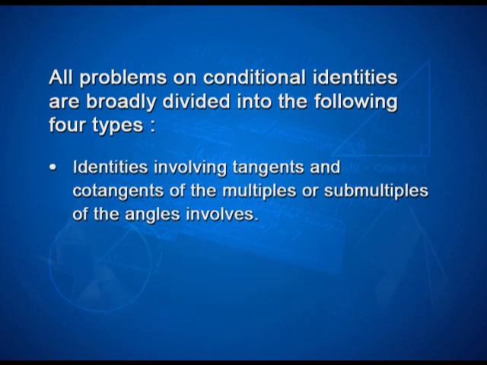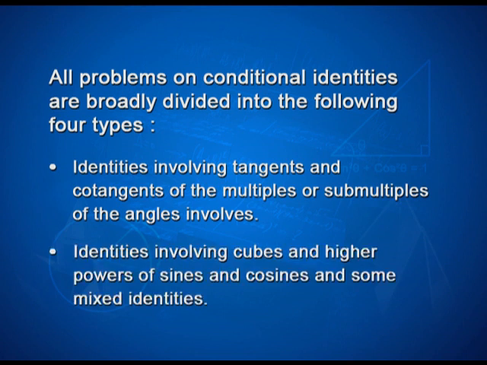Type 3, identities involving tangents and cotangents of the multiples or submultiples of the angles involved. Type 4, identities involving cubes and higher powers of the sines and cosines, and some mixed identities.